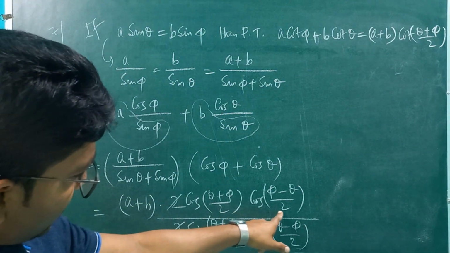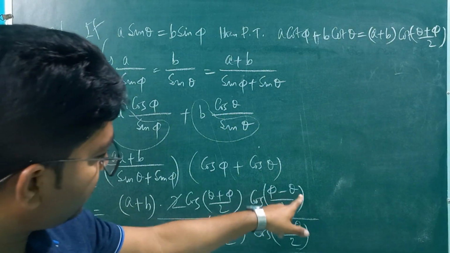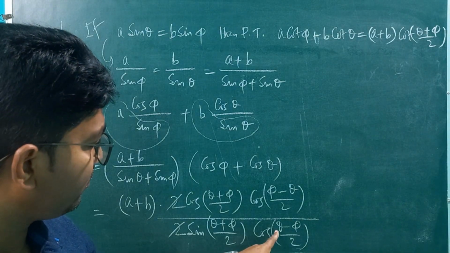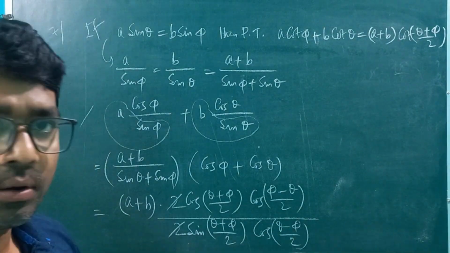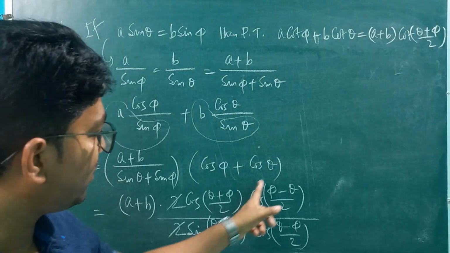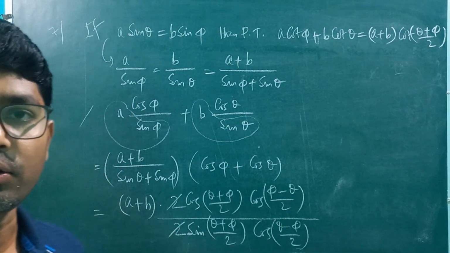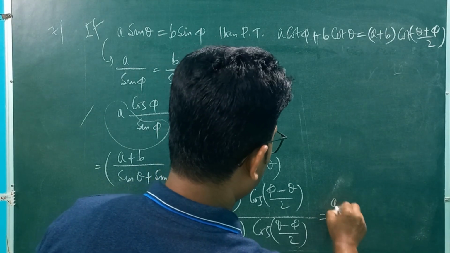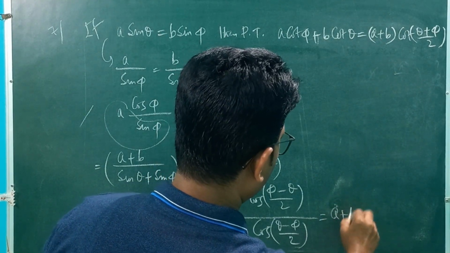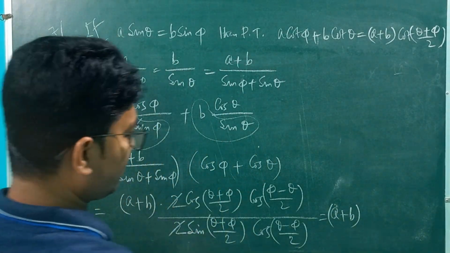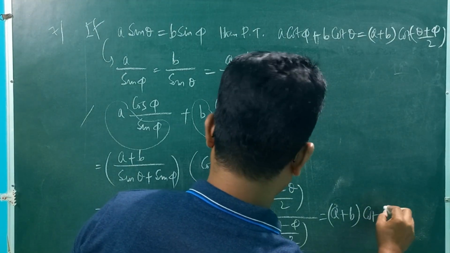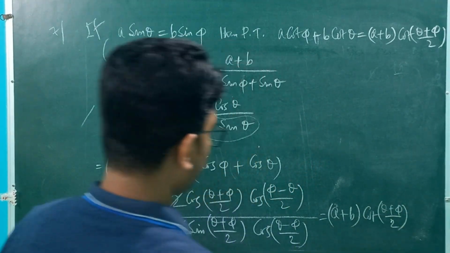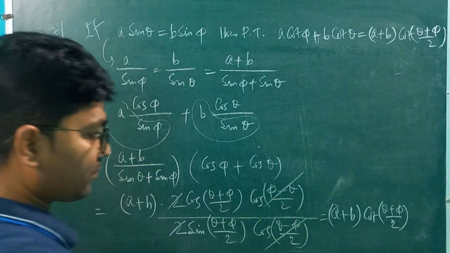But you can cancel this cos term, because this one is phi minus theta, and this one is theta minus phi. You can take one minus sign from this angle, and this minus sign will not affect the cos, because cos of minus theta equals cos theta. So you can write this as cot of (a plus b)/2, cos by sin means cot(theta plus pi by 2), and this term will be cancelled.